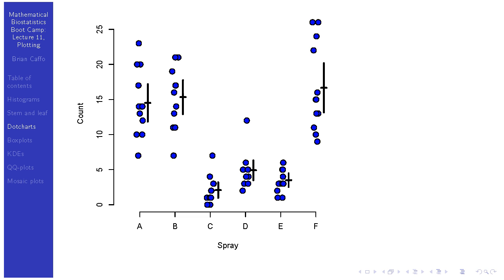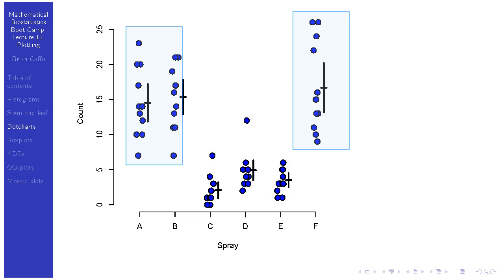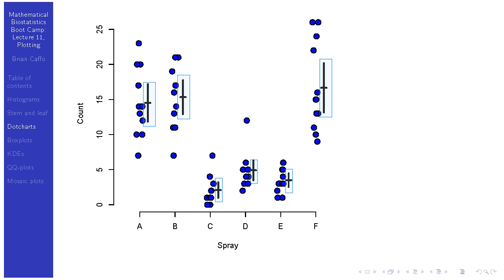Then you look at the plot on the next page, and the nice thing about these plots is it displays every single data point. You get a very good sense of what's going on. You can see that the sprays C, D, and E appear to be different than the sprays A, B, and F, for example. You have the confidence intervals for each of the groups, and you have the mean for each of the groups, and they display a lot of information.